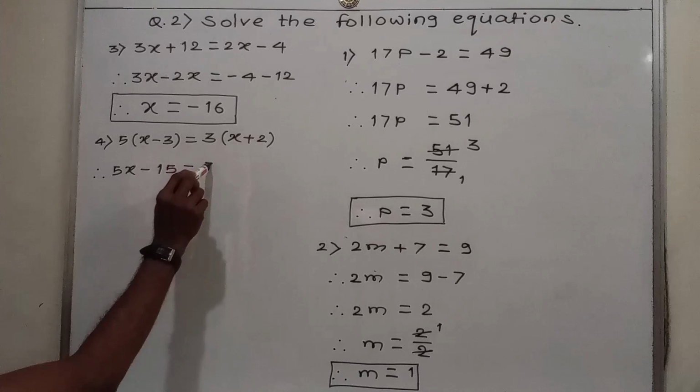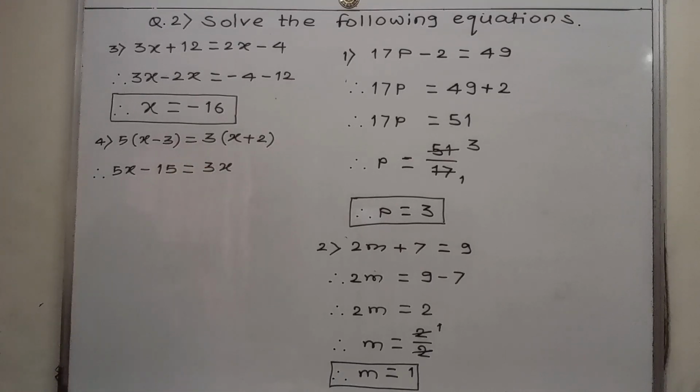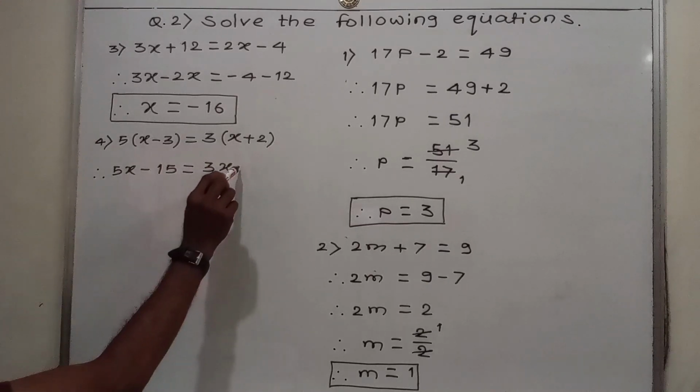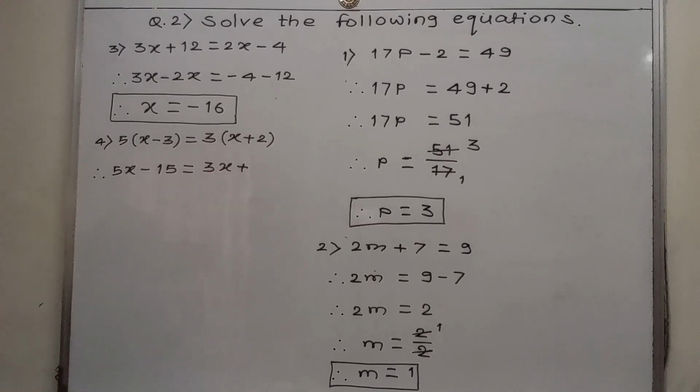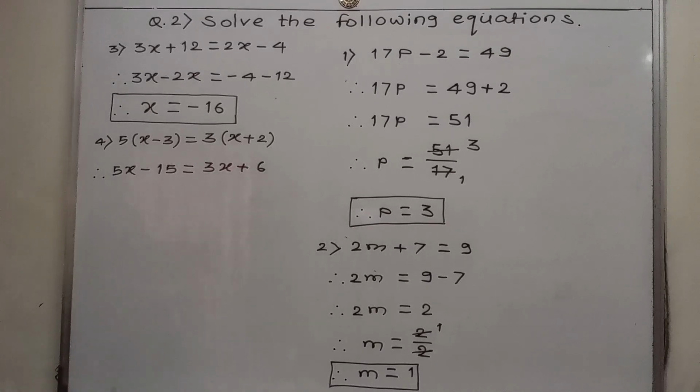Here 3 into x, 3x, here plus, no sign means plus into plus, product of same signs, always plus, positive. 3 into 2, 6.